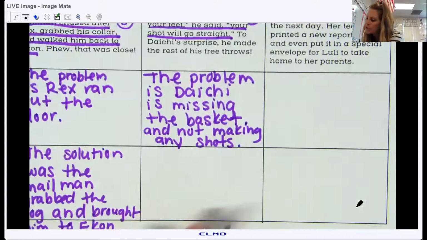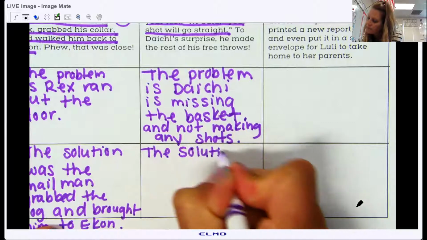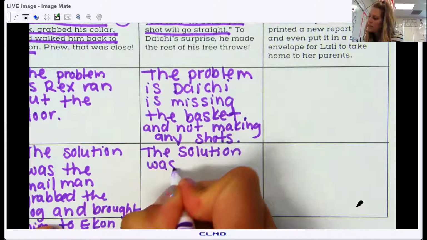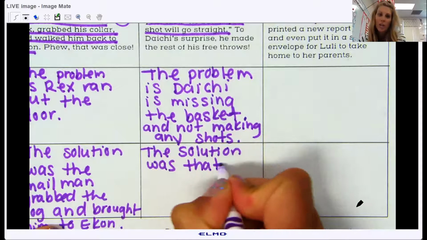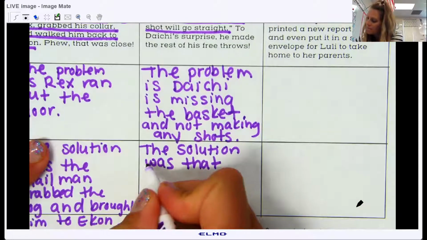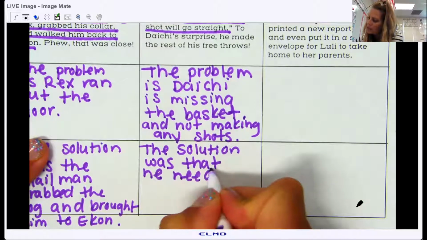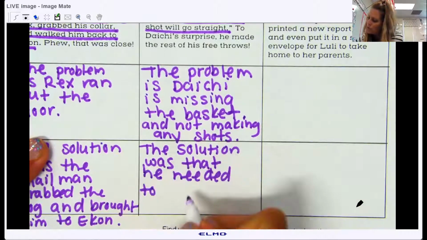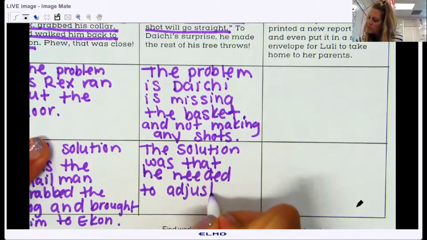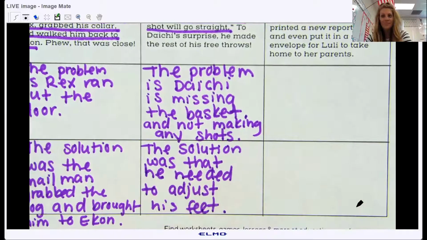So the solution was that we could include Coach Yang, or we could just include what he needed to do to fix the problem, right? Was that he needed to adjust his feet. Do you agree? All right.